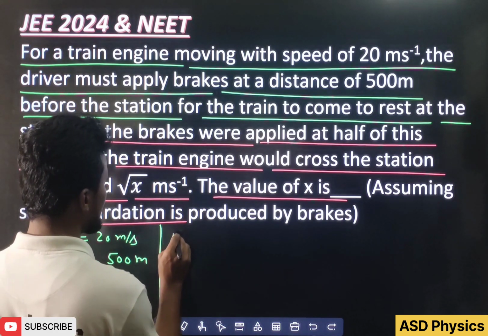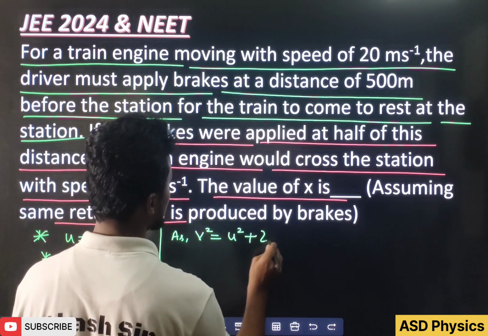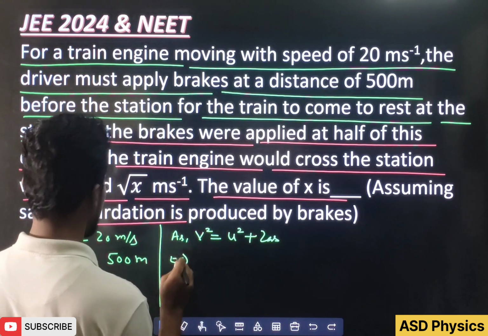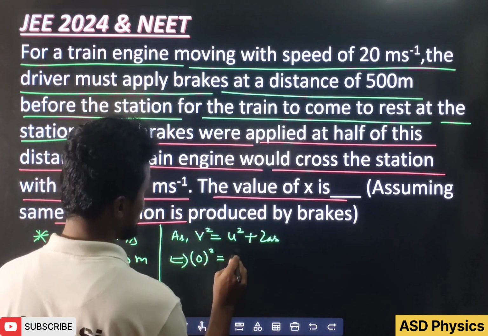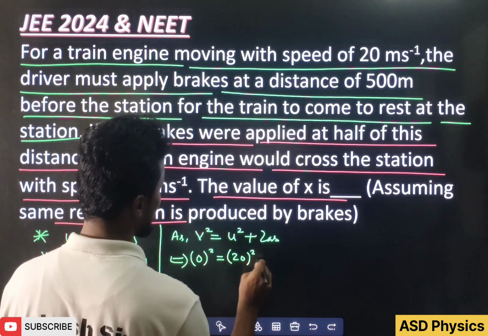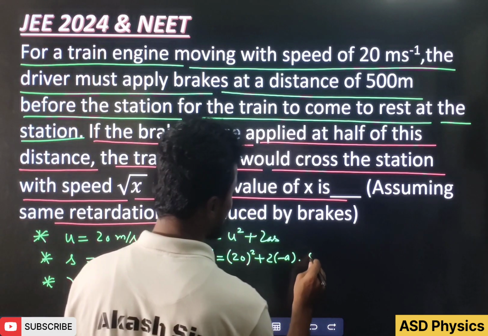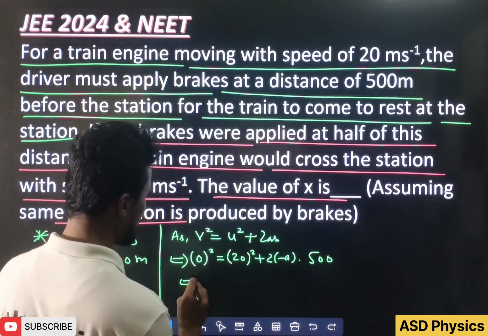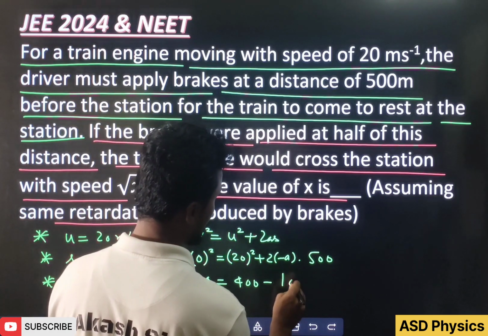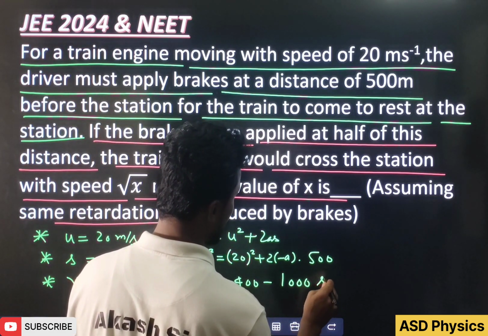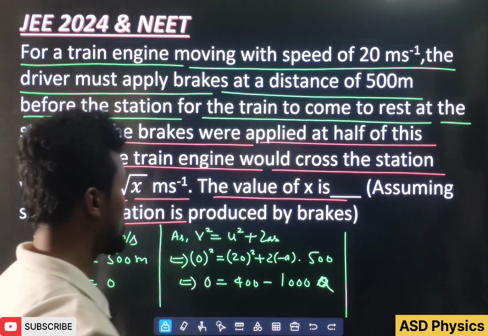Okay, so you know that, see, again I will use the basic v square equal to u square plus 2as. And v how much is given here? 0 square, and u square means 20 square plus 2 into minus a into s, how much is given here? 500. Okay, so again we'll simplify this. 0 equal to 400 minus 1000a. 500 into 2, 1000a.